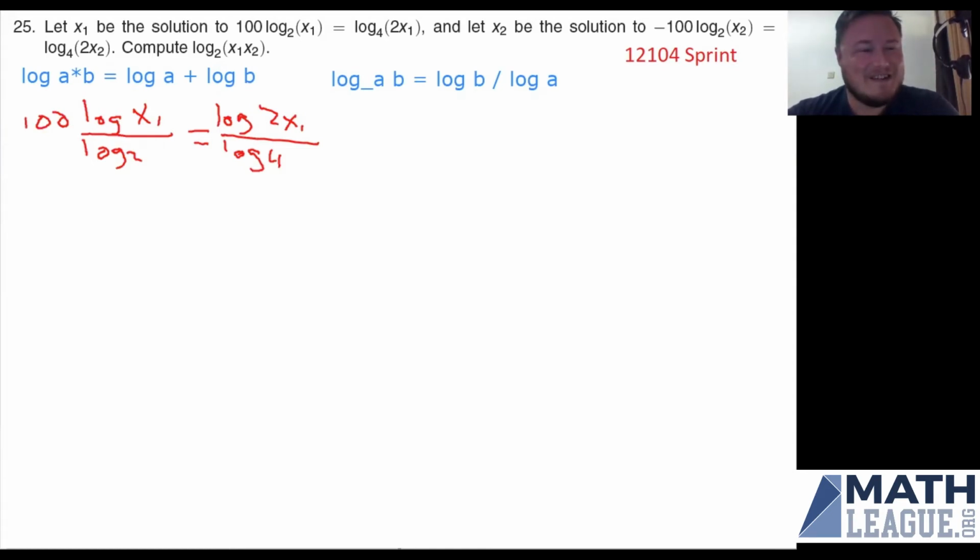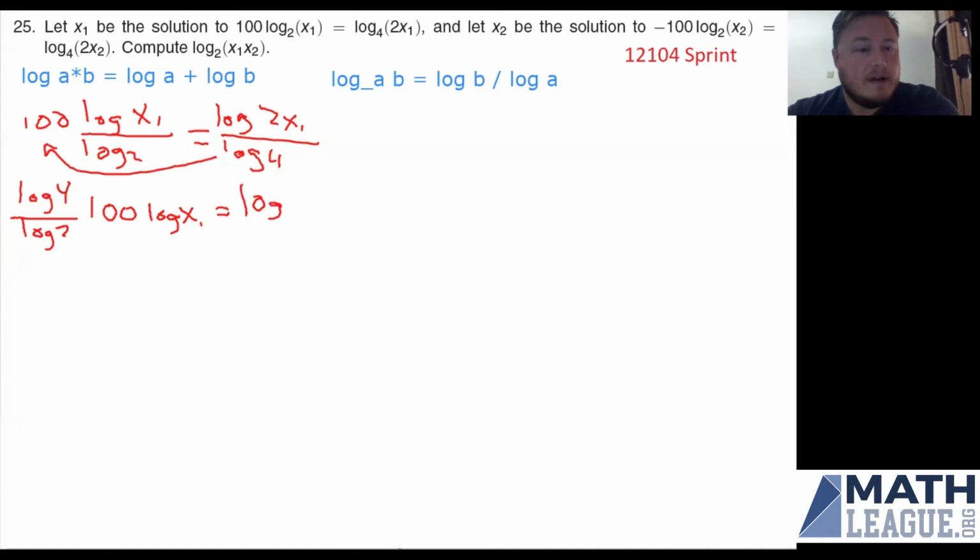So we're going to do a little bit of manipulation. If I multiply both sides by a log of 4, then I'm going to bring a log of 4 over to this side, basically. And you'll notice I have a log of 4 on the top and a log of 2 on the bottom. Let me just write it out like that. Log of 4 over log of 2 times 100 log of x1.